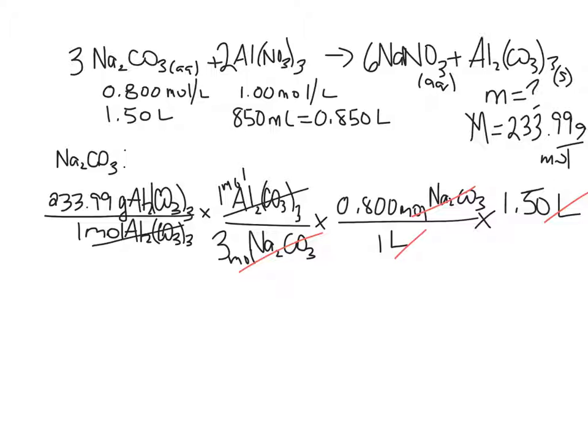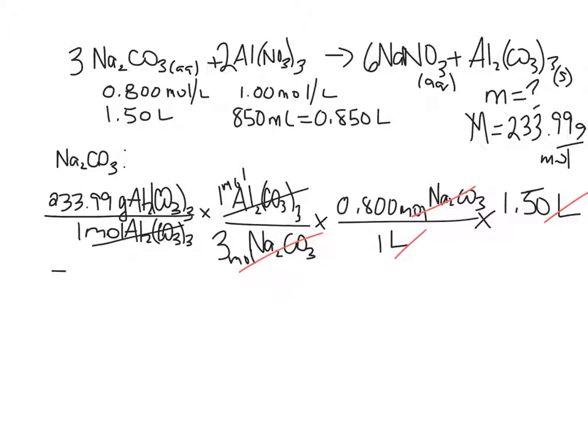So in our calculator, we will multiply 233.99 times 1 times 0.8 times 1.5 divided by 1 divided by 3 divided by 1. And that will give us the maximum mass we can produce of aluminum carbonate from all of our sodium carbonate getting used up.